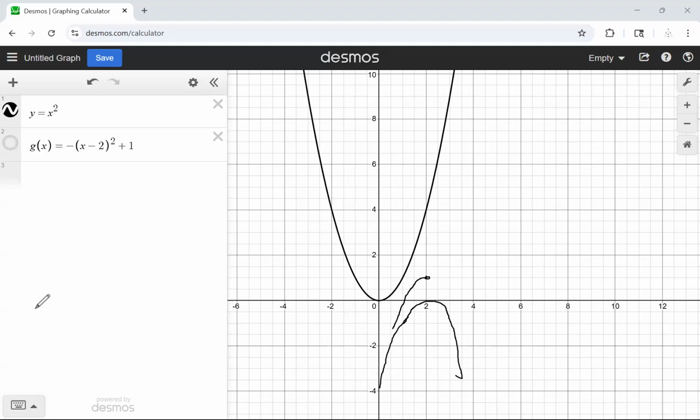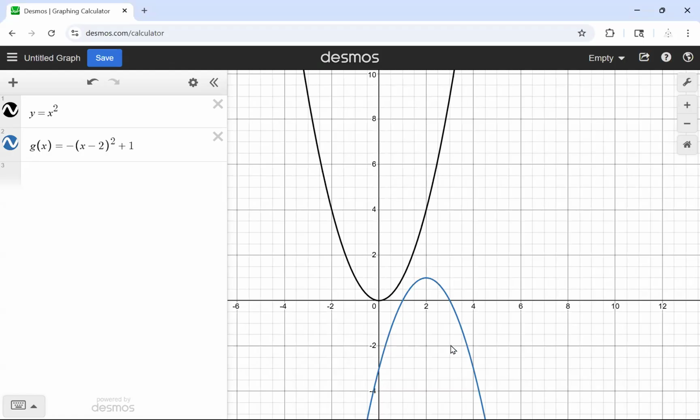Let me actually clear that other drawing. Something like this. Again, I'm not drawing it perfectly by any means, because this is not a great drawing tool. But I would expect to get a parabola pointing down right there, something that looks like this. And let's see what it actually does. Well, sure enough, that's what it actually does.